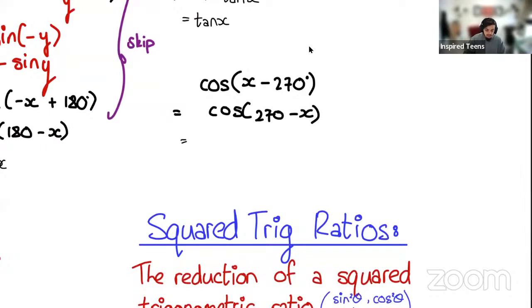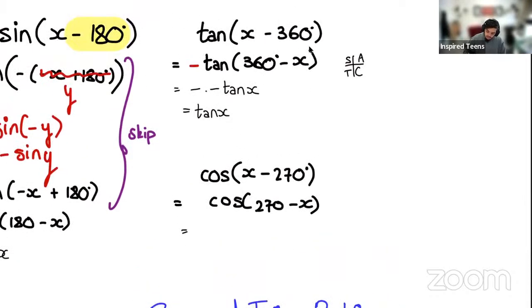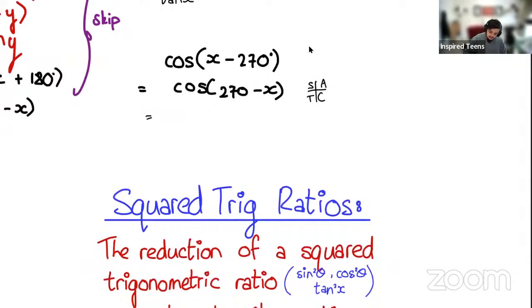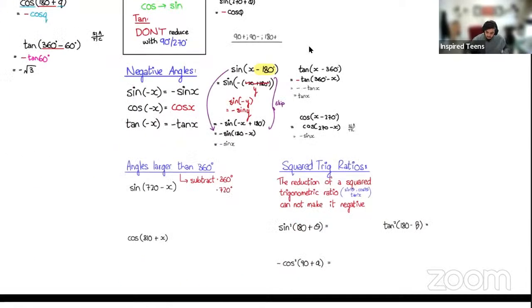That means, okay, I need to change to sine. But now I need to work out which quadrant I'm in, so I can determine my positive or negative. So 270 minus is in the third quadrant where tangent is positive, so this becomes negative, but it doesn't become cos, it becomes negative sine x. Okay, I hope that is making sense.